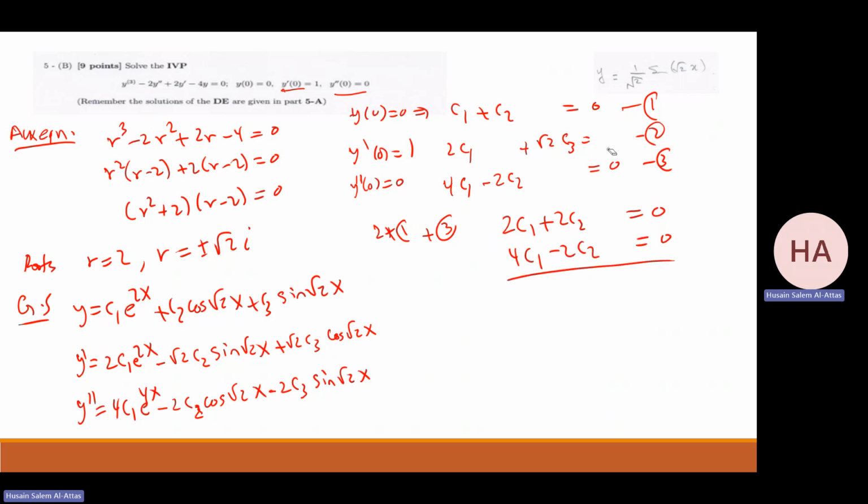Yes, so 1 and 3 are okay. From here, I have 3c1 equals 0, so c1 equals 0 and c2 equals 0. Then just substitute in equation 2.